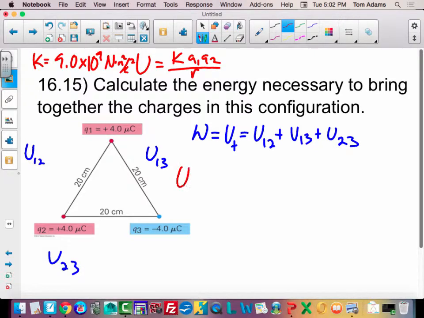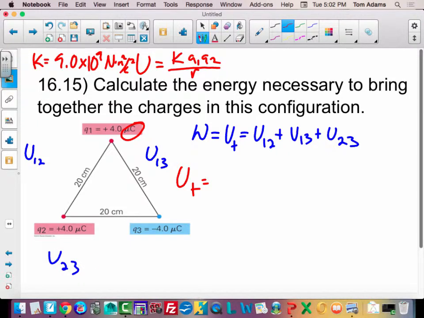So then this is going to be equal to that. So we just need to know the charges, and they tell us the charges, that's given to us. But the only thing is that we've got to convert these. So they give us micro coulombs.